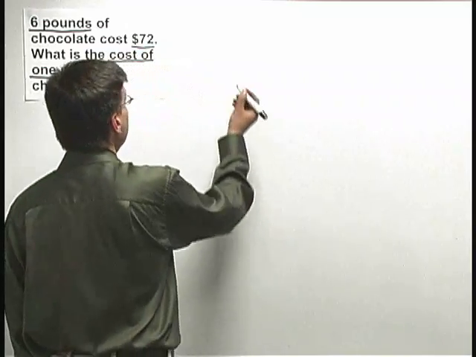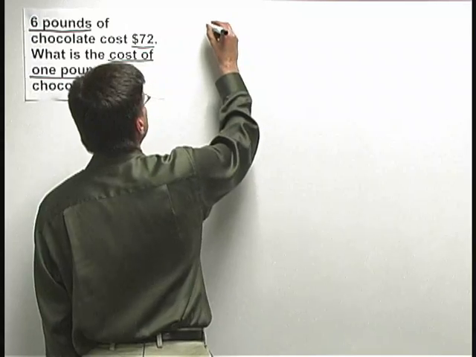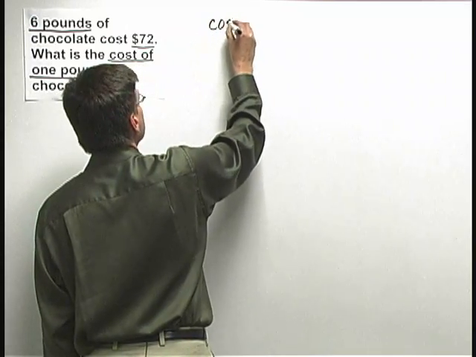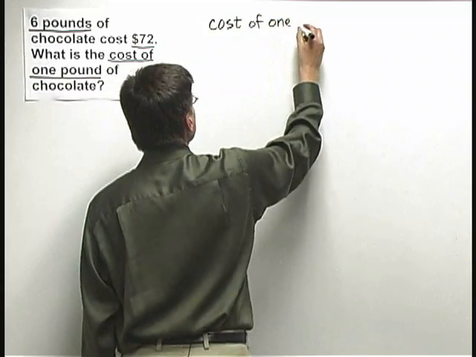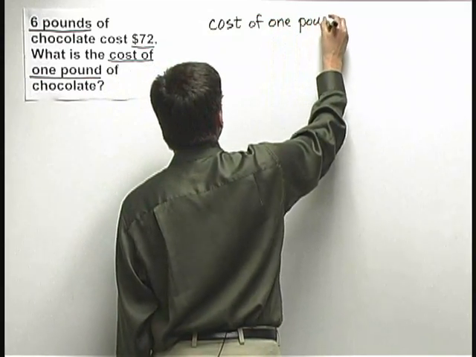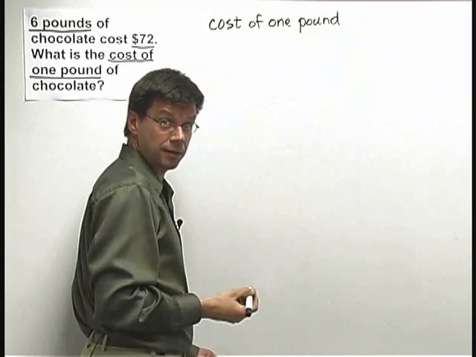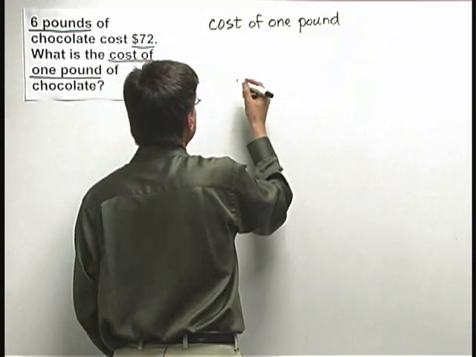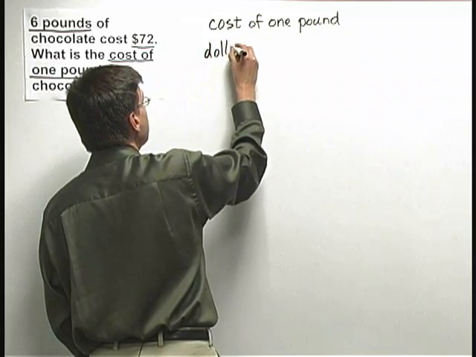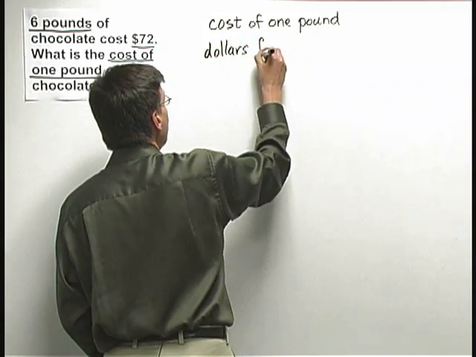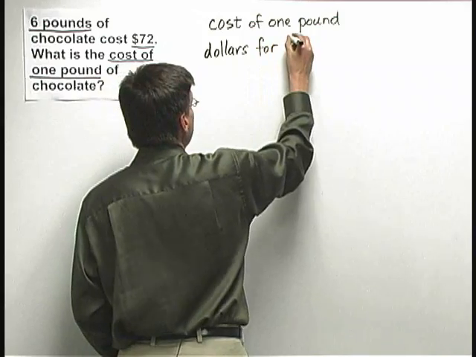In this problem, we were trying to find the cost of 1 pound. The cost of 1 pound is the same as saying how many dollars for 1 pound.